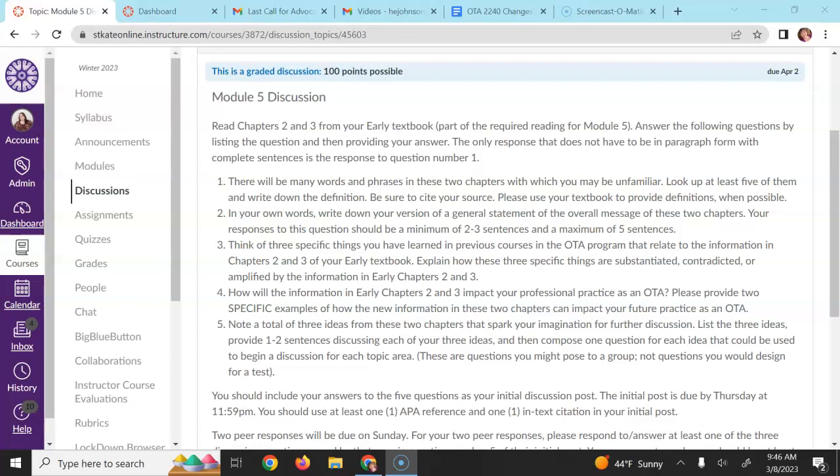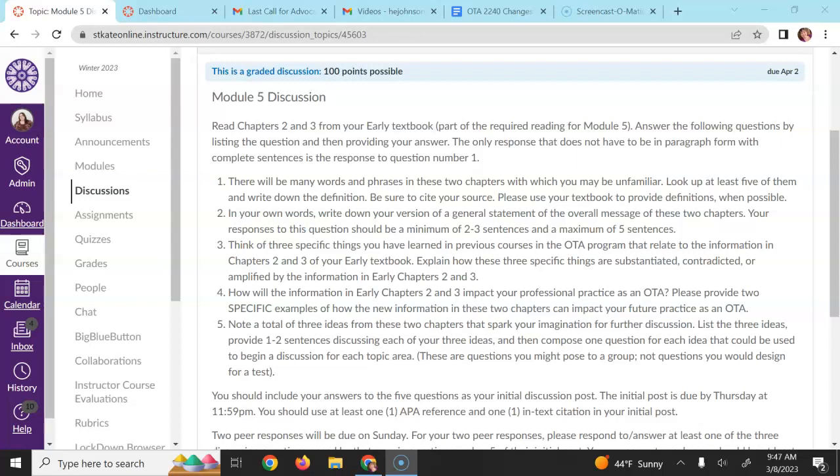You're going to answer the questions by listing the question and then providing your response, and then listing the next question and providing your response. Only the response portions have to be in paragraph form with complete sentences, with the exception of number 1, because for number 1, you're just being asked to list terms and definitions.